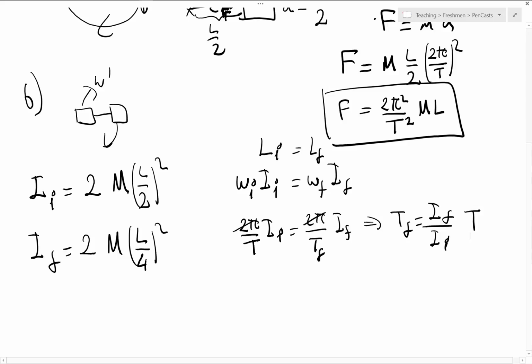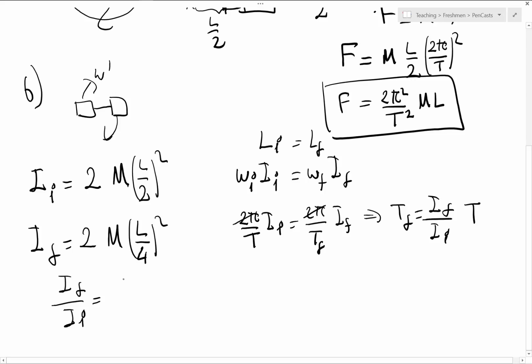So I need I final divided by I initial. The 2m's cancel, the L squares cancel. It's essentially 1 over 16 divided by 1 over 4, which is 1 over 4.